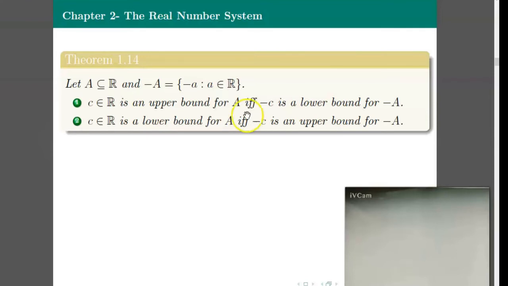First statement, the necessary: the assumption is for any real number C which is an upper bound for A, then we will show that negative C is a lower bound for the negative of set A. And then for the sufficient condition, we let negative C be a lower bound for negative A, and then we will show that a real number C is an upper bound for set A. So let's do it.